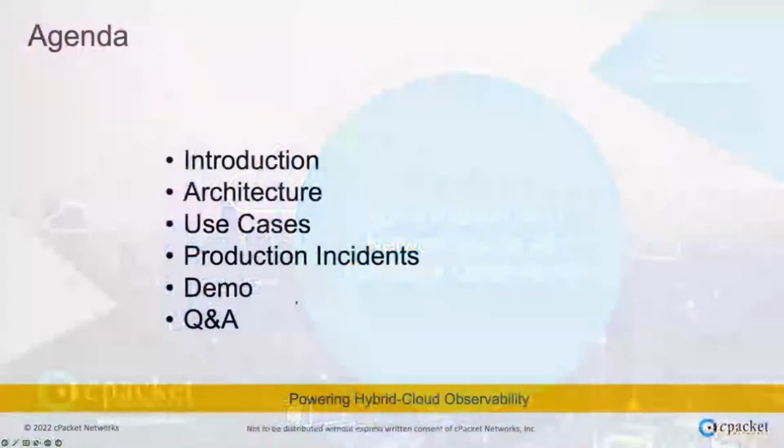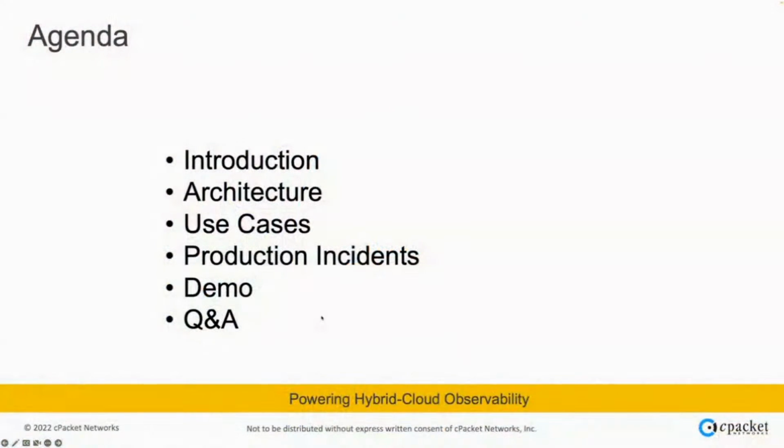Let's jump straight in. I'm going to focus initially on architecture and deployment patterns, and then I'll drop into the observability use cases, and then I'll go through some production incidents that we've experienced over the past 6 months or so. I think that would probably take about 30 minutes.